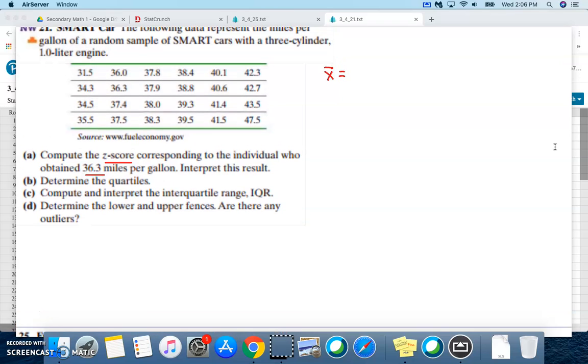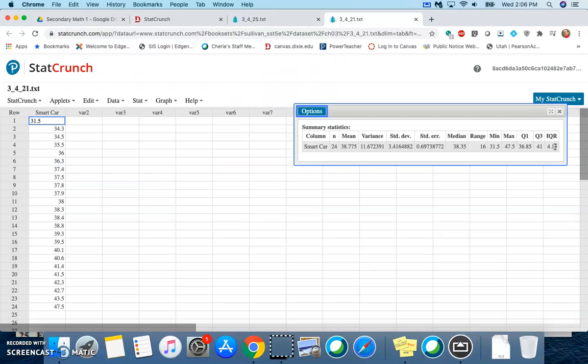Oops, wrong question here. Oh, and also we're going to need our mean. I forgot we were finding that z-score first. So our mean is 38.775.